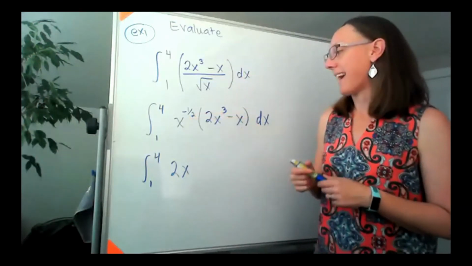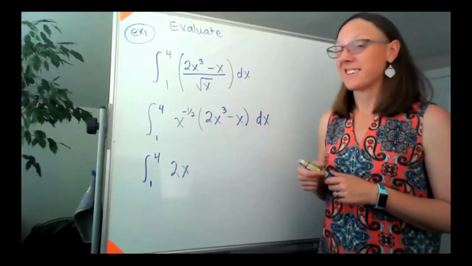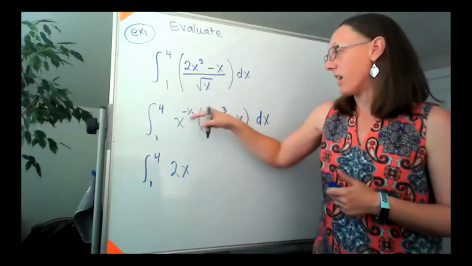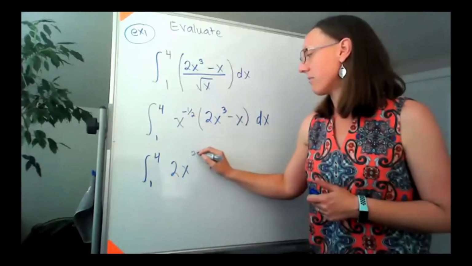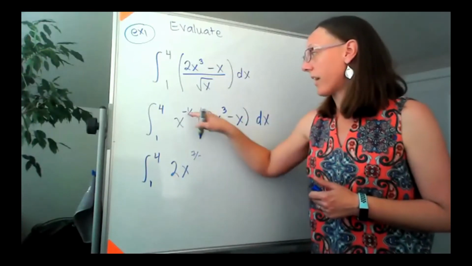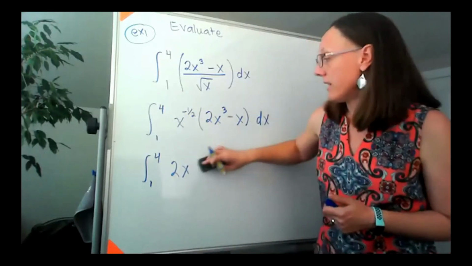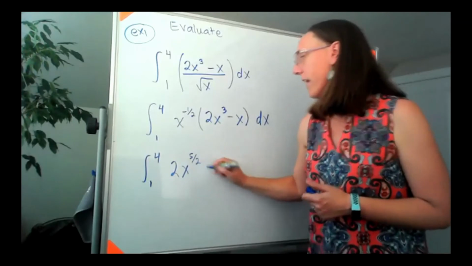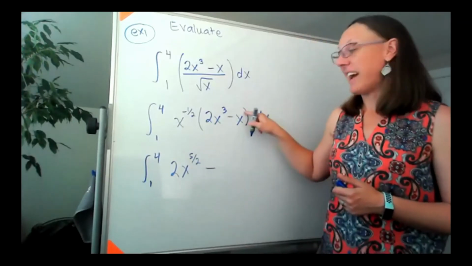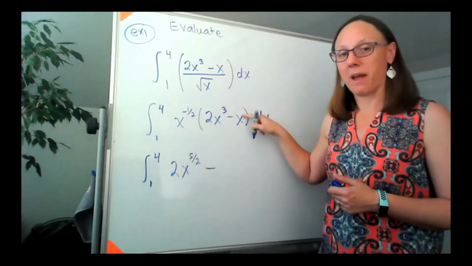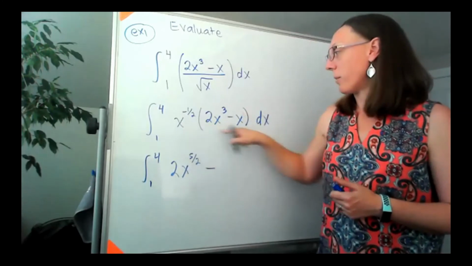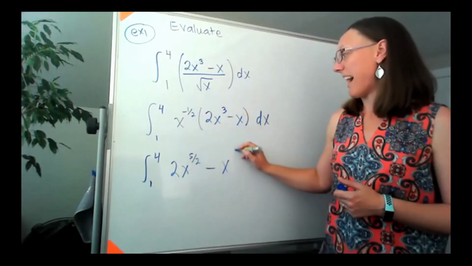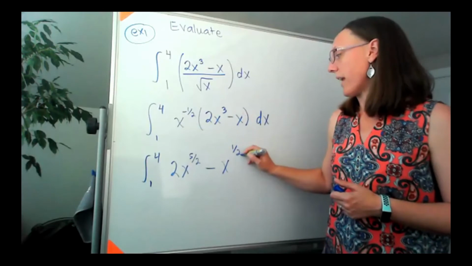So 3 plus a half, 3 is 6 halves, plus another half, that's going to be 7 halves. Oh, sorry, it was a negative, I lied. 6 halves minus a half is going to be 5 halves. Here, that x is raised to the invisible 1 power, which means when I combine those exponents, I'm going to have x to the 1/2 power.